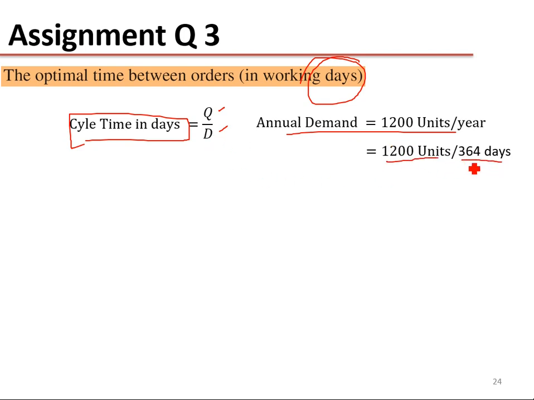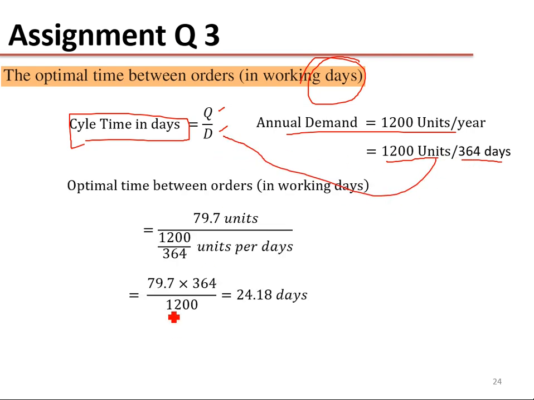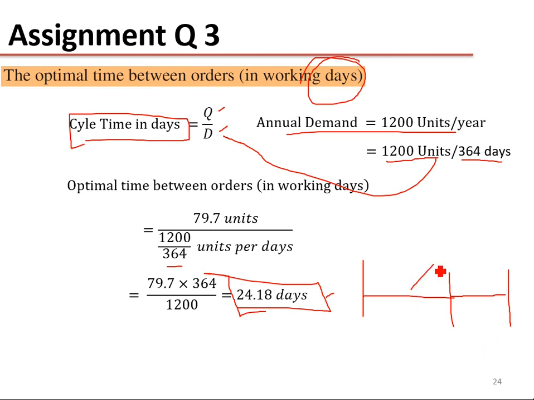When you solve this, after this many days, that is 24.18 days, you put an order. Then after 24.18 days you put the second order, then after 24.18 days your third order. This is how the cycle time is generally described.